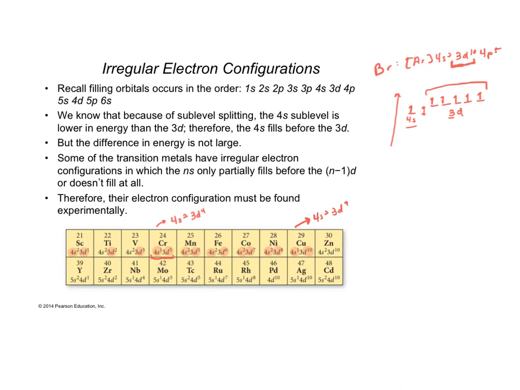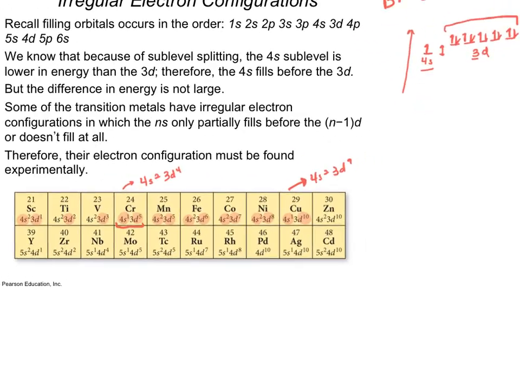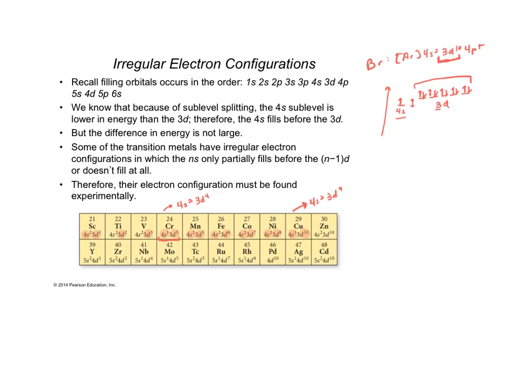The 3d10 is a complete filling of the d orbitals, and that is energetically better for copper, so it takes one of the 4s electrons and puts it into the 3d, leaving the 4s half-filled, okay?